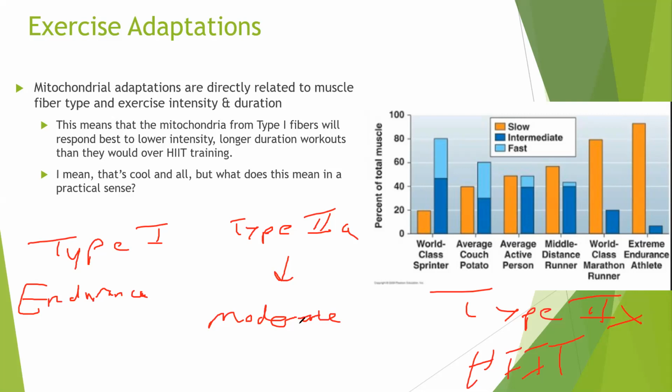Now, where this becomes something that's very practical is when we get into a discussion on muscle fiber type transformation. You are born with a certain setup of muscle fiber types. So genetics plays a role in this.